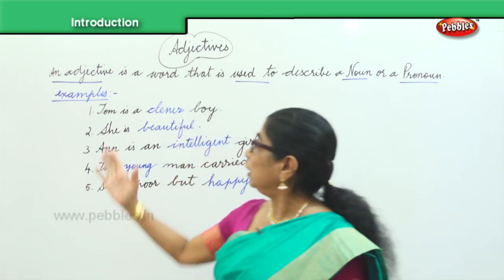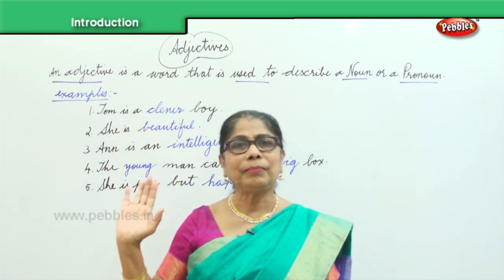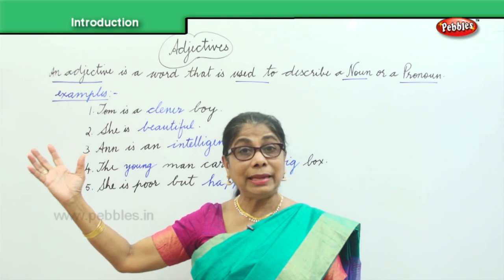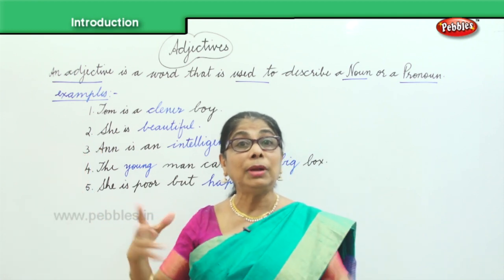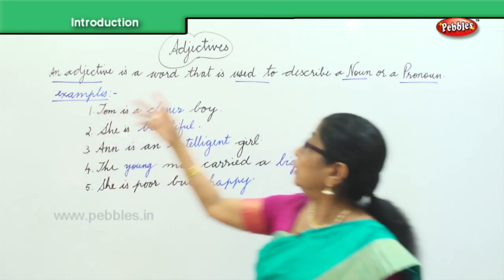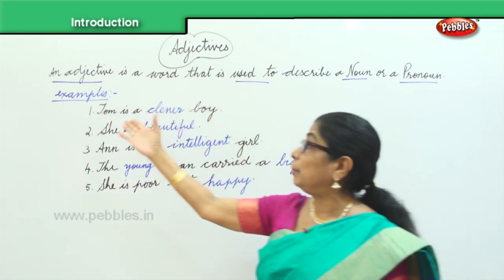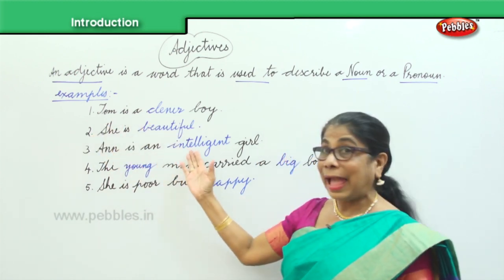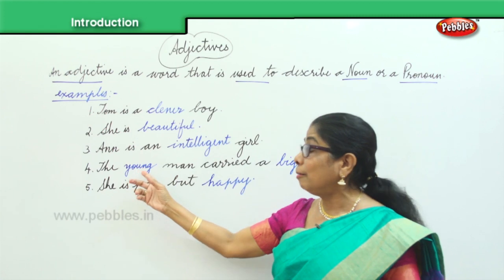So we know more. If you say Tom is a boy, yes, Tom is a boy. Tom is a noun. What are they telling more about? He's a very clever boy. It is used to describe, so we are describing Tom. Tom is clever, she is beautiful, and she is intelligent. Young man.